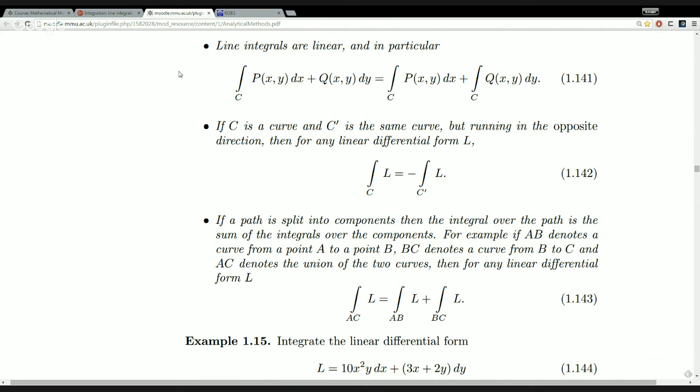So using property 3 from theorem 1.4, you can say the integral along C of L is the integral along AD of L plus the integral along DB of L. Here these subscripts AD and DB are referring to the straight line paths, not just any old path from A to D or D to B, but the straight line paths indicated in the diagram.